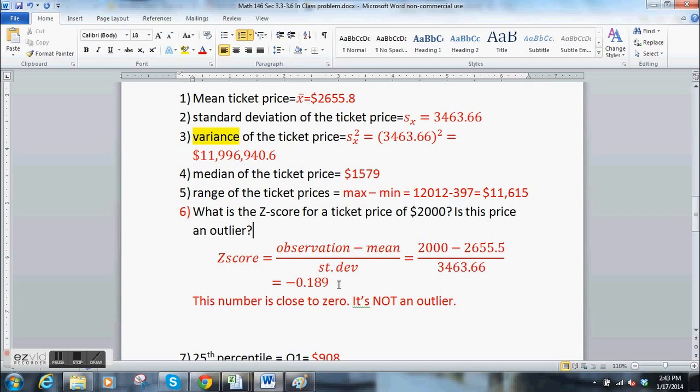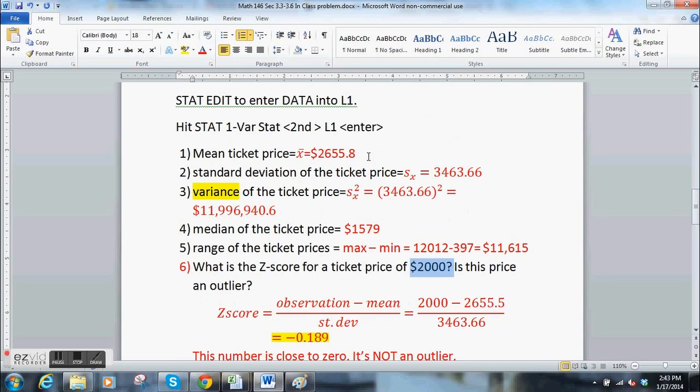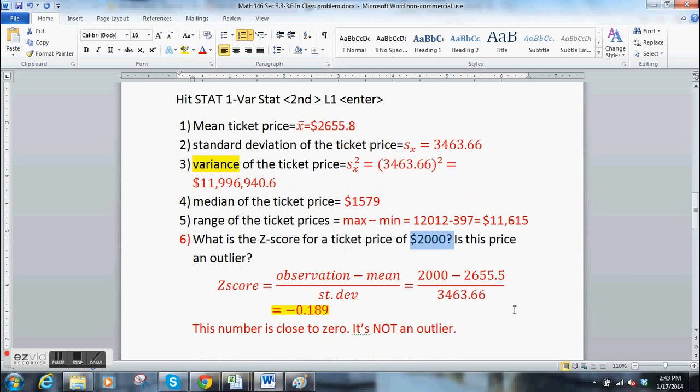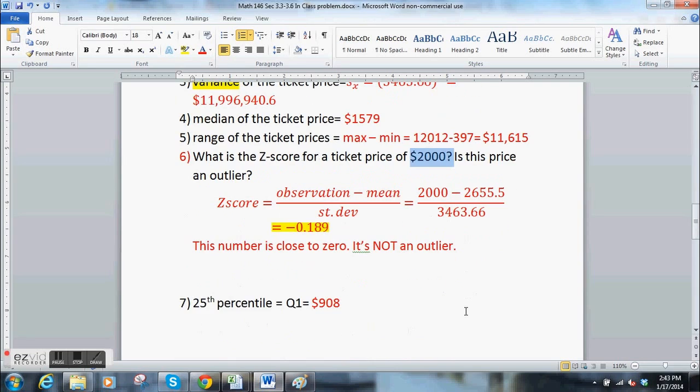You do this and you get a z-score of minus 0.189. So this number is close to 0. It's not an outlier. It's more of an average number. You can see that a ticket price of $2,000 is sort of close to the mean price of 2,600. So it's not a particularly unusual ticket price.